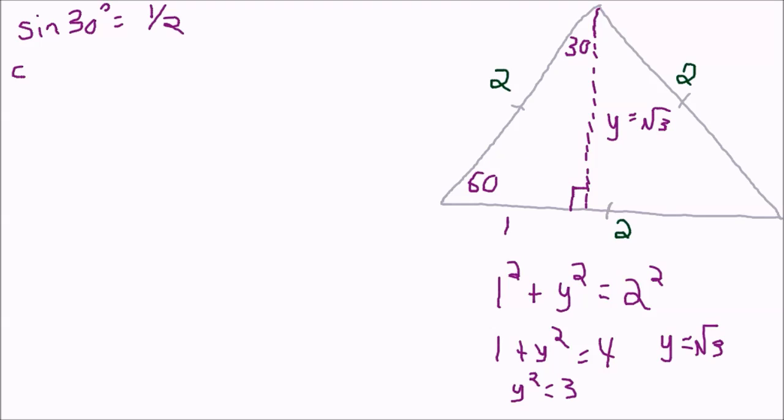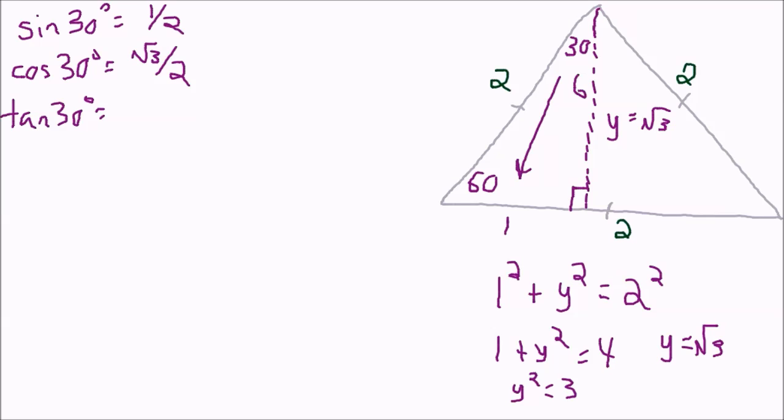I can say the cosine of 30 is going to be the adjacent, which is the square root of 3, over the hypotenuse, which is 2. And finally we have tangent of 30 degrees, which is opposite over adjacent, so it's going to be 1 over square root of 3. And if we rationalize this denominator, it's going to be square root of 3 over 3.